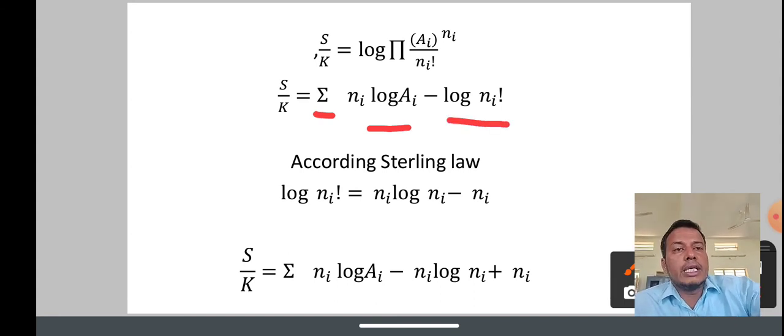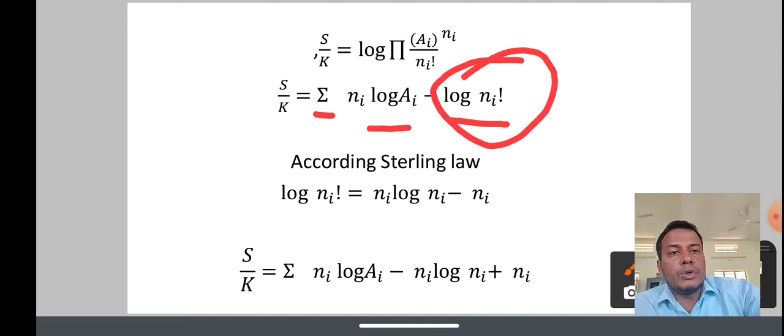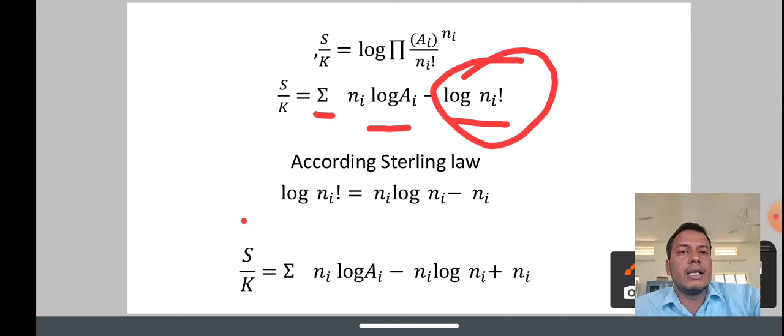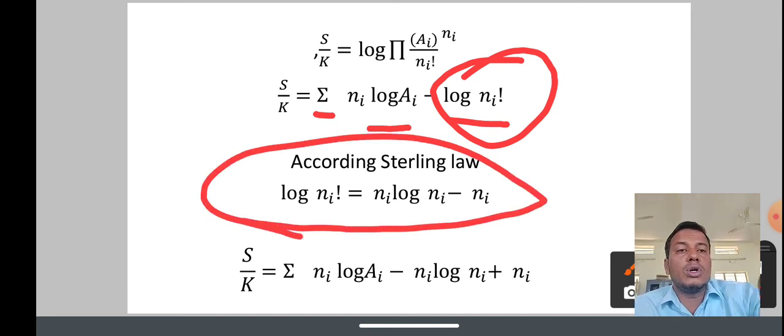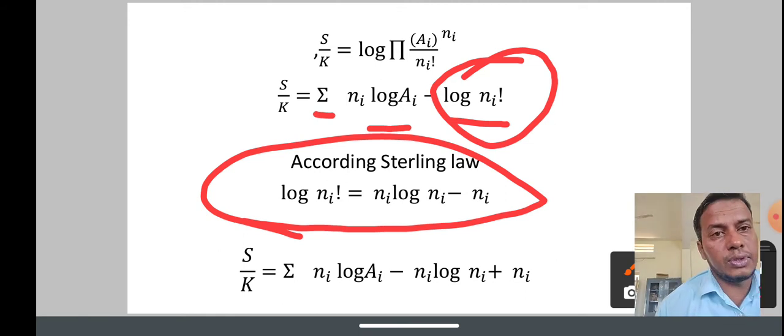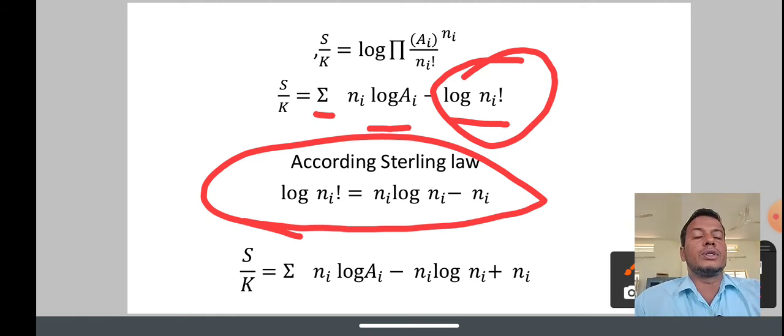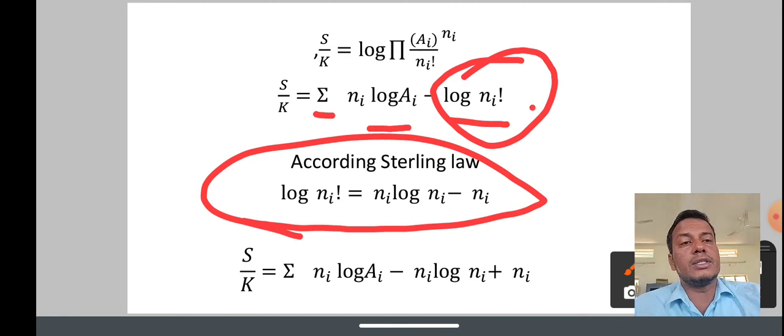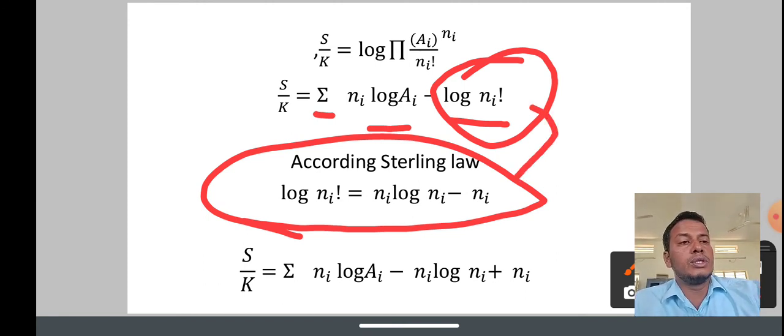See here, the log N_i factorial obeys the Stirling law. Stirling law says that log N_i factorial is equal to N_i log N_i minus N_i. Where there is a factorial, the log of the factorial comes, so you apply the Stirling law. So, just this one is replaced with this one.